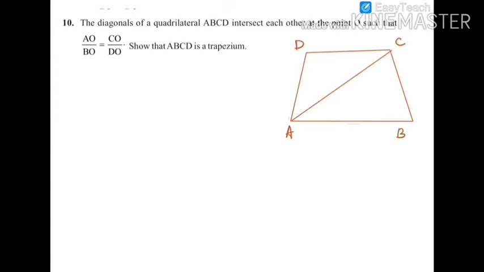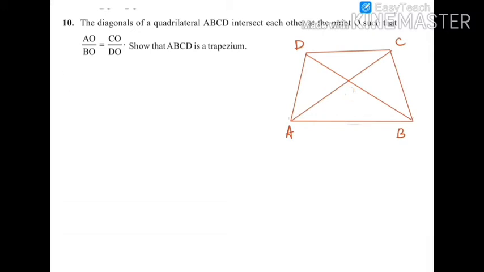So we have a quadrilateral ABCD in which the diagonals intersect at point O such that these two ratios are equal.